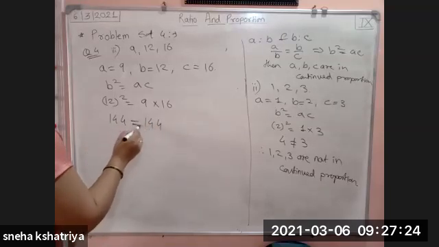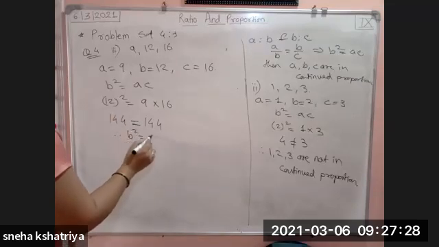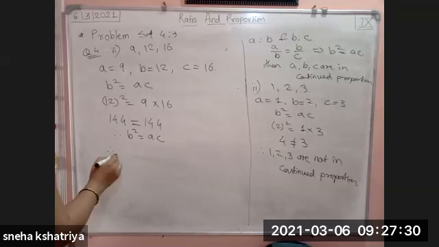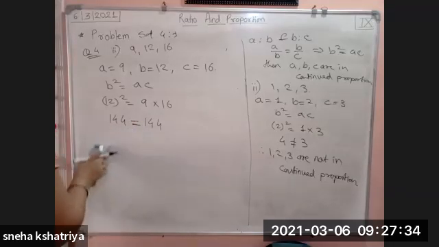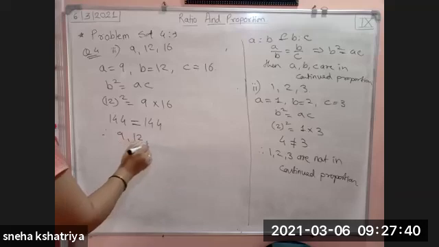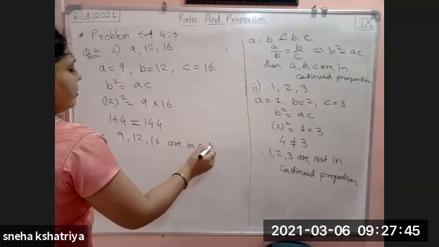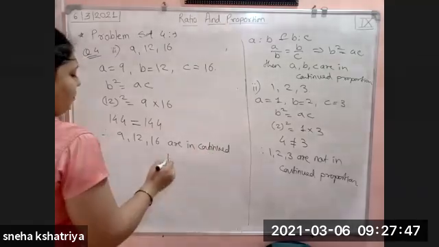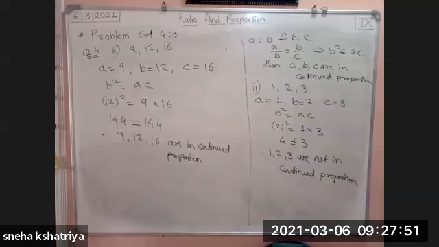So these two numbers are same. Therefore, B square is equal to AC. If you don't have to write this, you can skip that. We get the numbers equal. Therefore, the given numbers 9, 12, and 16 are in continued proportion.